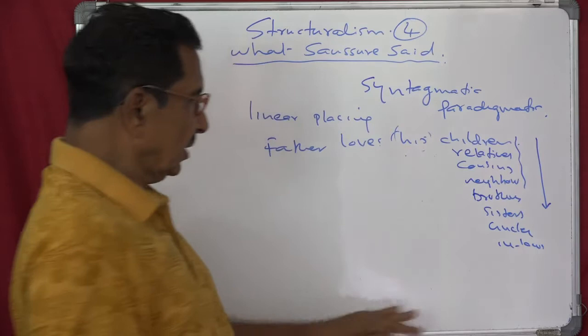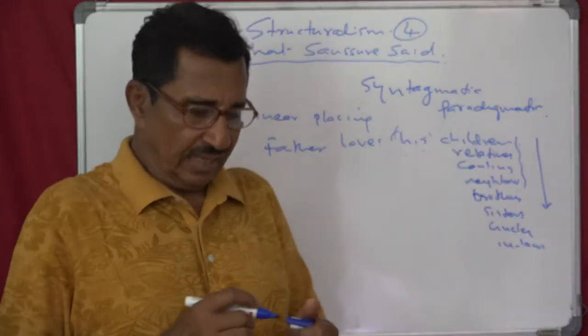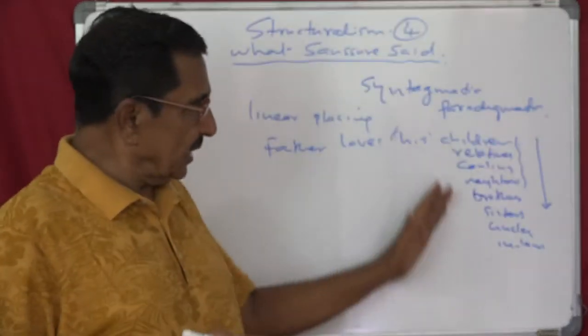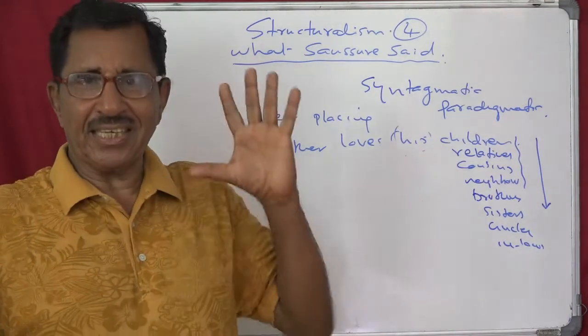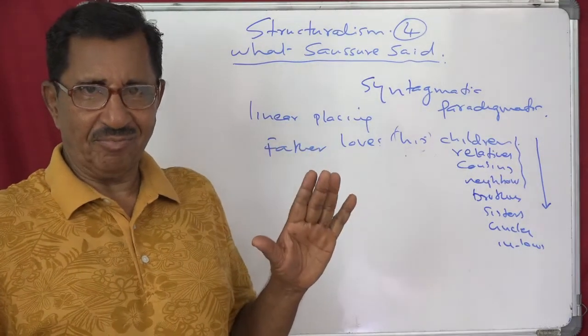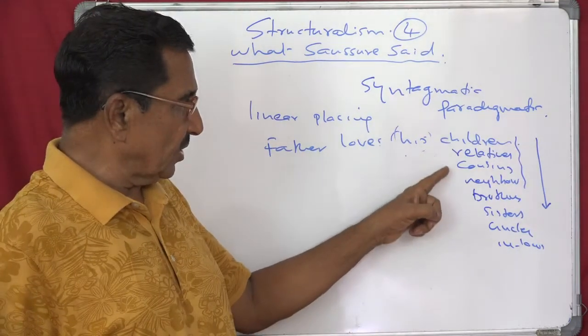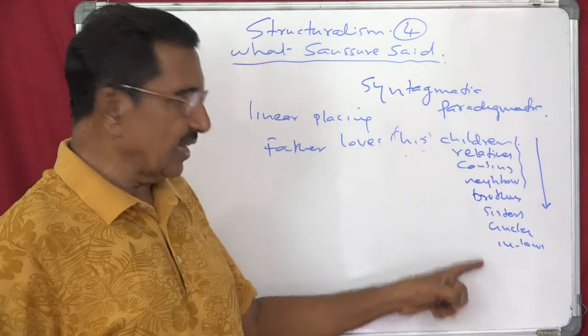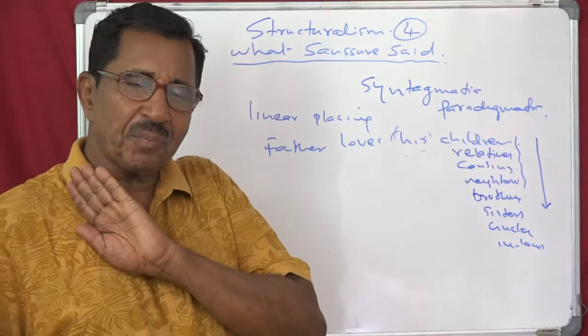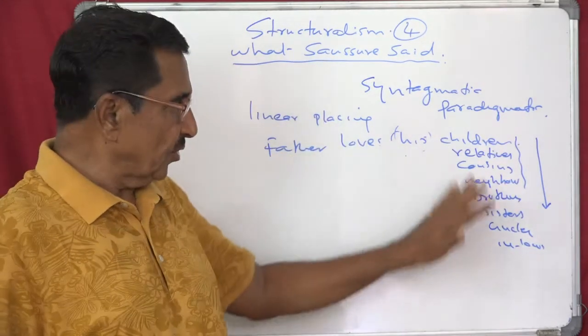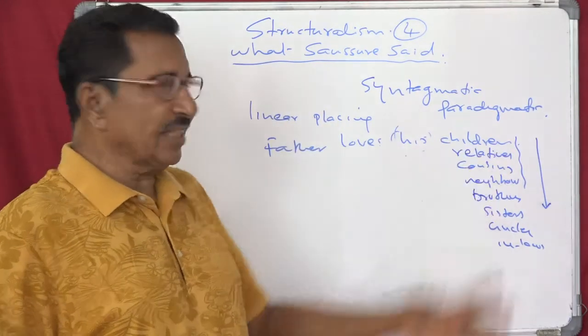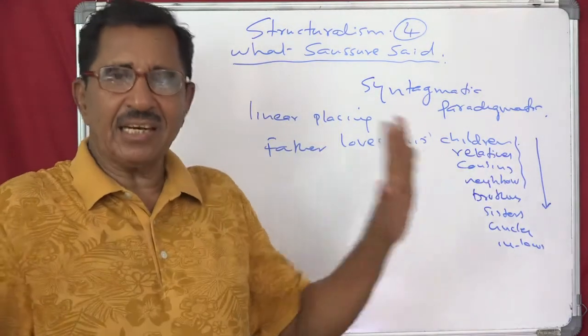So you can go on substituting, no problem. This substitutability of items is known as paradigmatic relationship. So 1, 2, 3, 4, 5, 6, 7, 8, all in good paradigmatic relationship. Quite okay. So if you substitute any one of these for children, the syntagmatic relation is okay.